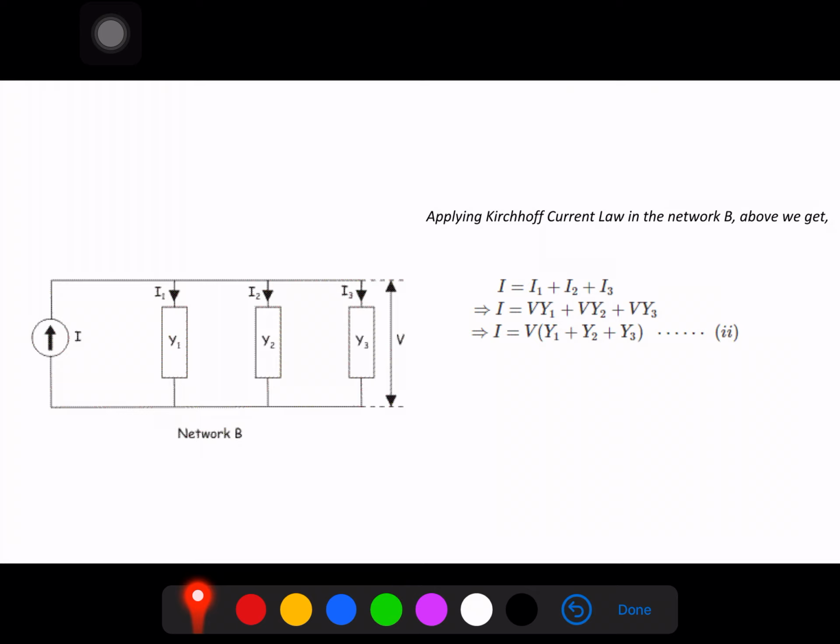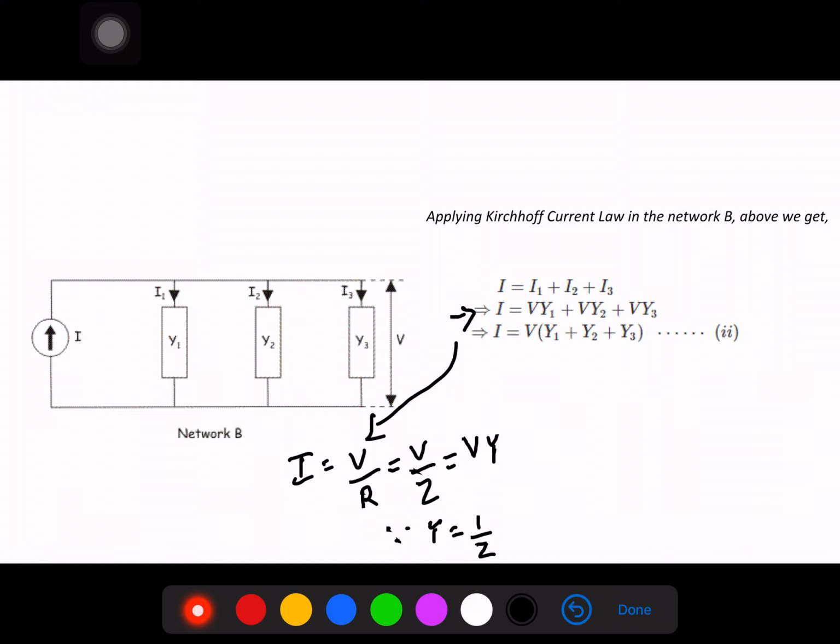Now what are I1, I2 and I3? We know that I is equal to V by R, or V by Z. Z is the impedance. Since we have the term Y here, and Y is the inverse of impedance, we can write this as V Y, since Y is equal to 1 by Z. If you look at this equation, it comes from here.